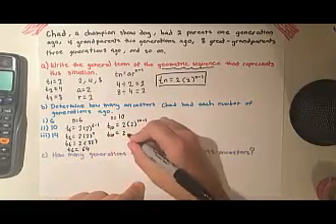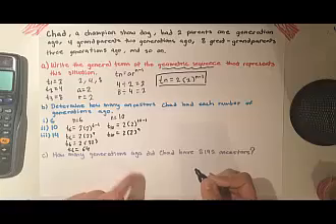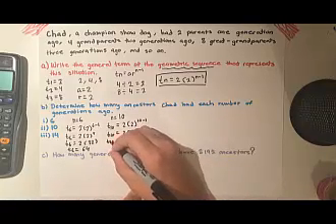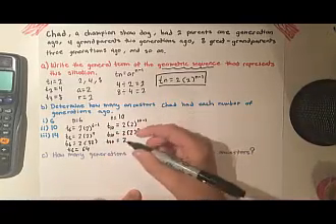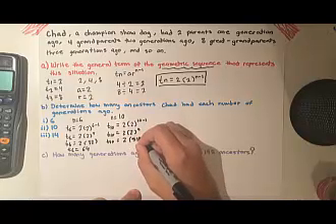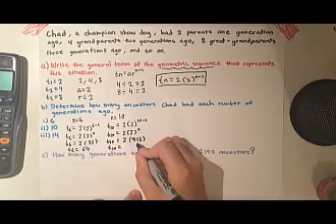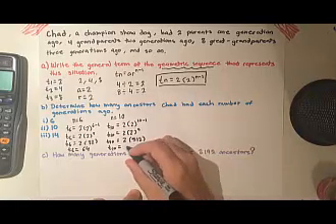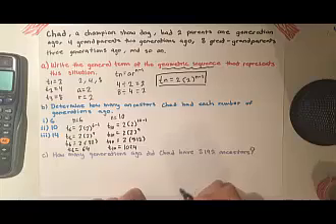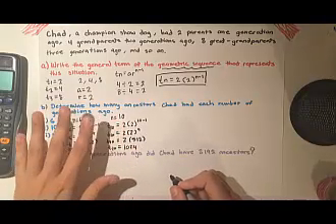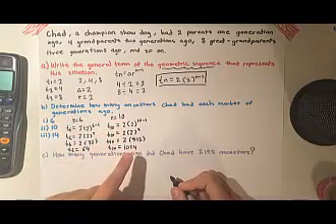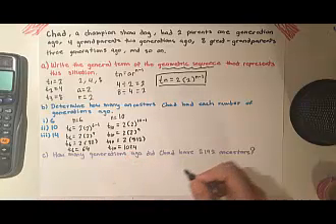T10 equals 2 times 2 to the power of 9, because 10 minus 1. 2 to the power of 9 is 512. You're going to multiply those two, so T10 equals 2 times 512, which equals 1024. 10 generations ago, Chad had 1,024 ancestors.